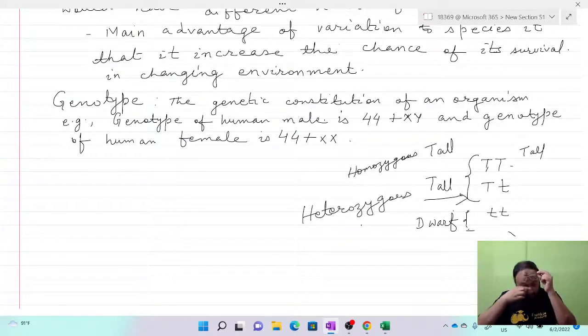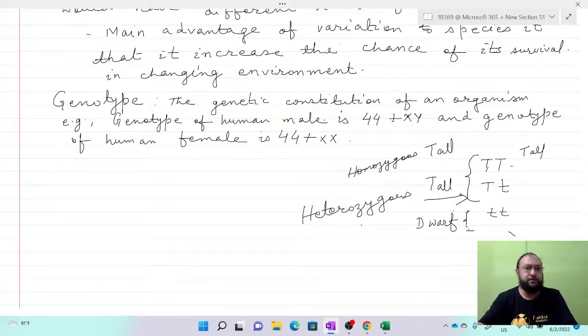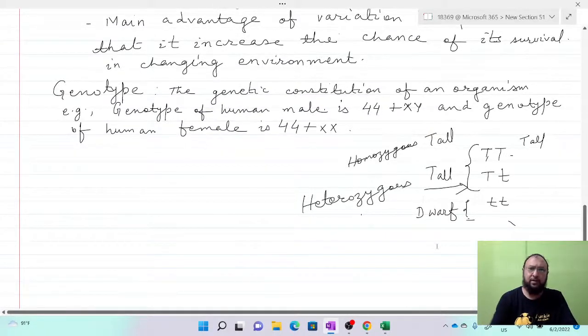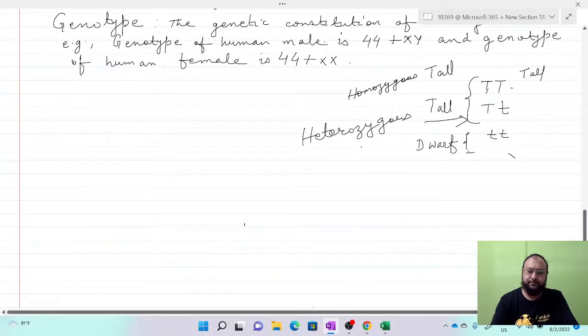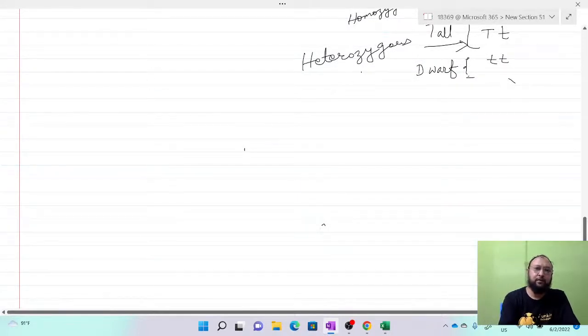Since capital T is the dominant feature, the recessive cannot be expressed unless both are small t. So this is the heterozygous tall. Now we come to another point, the phenotype.